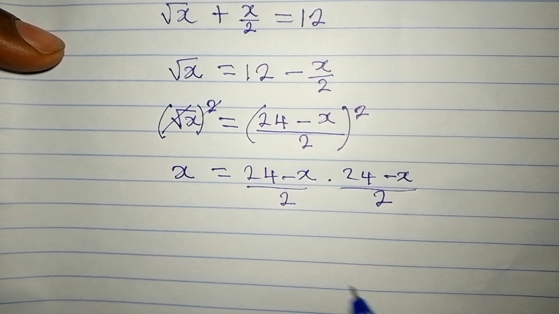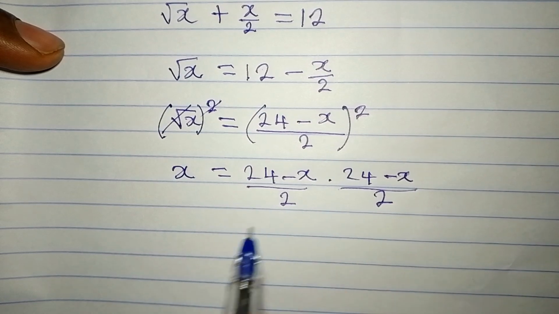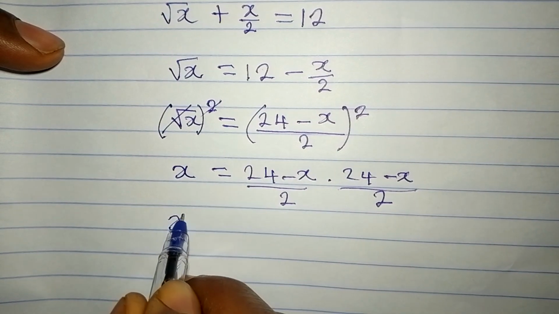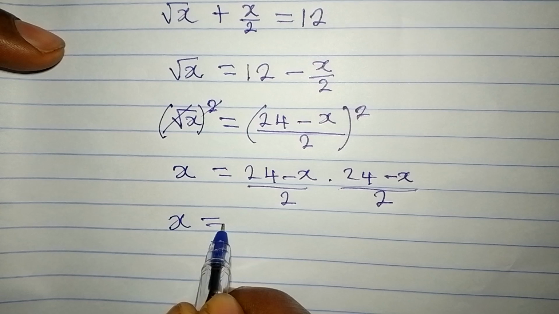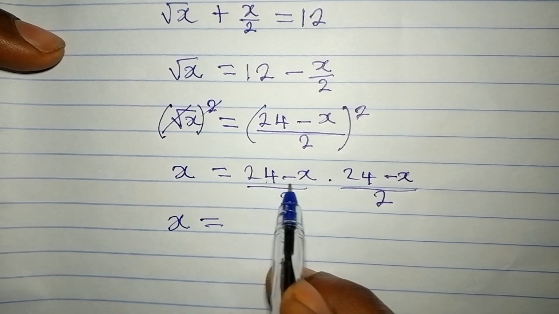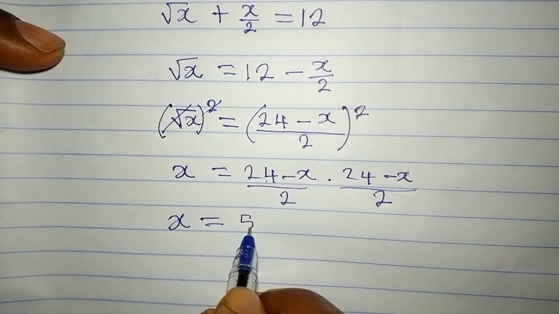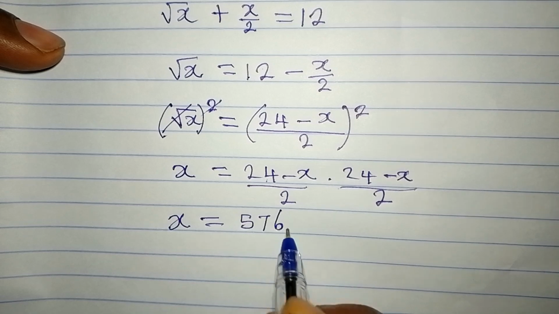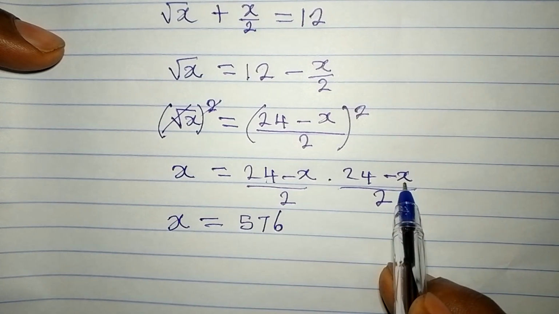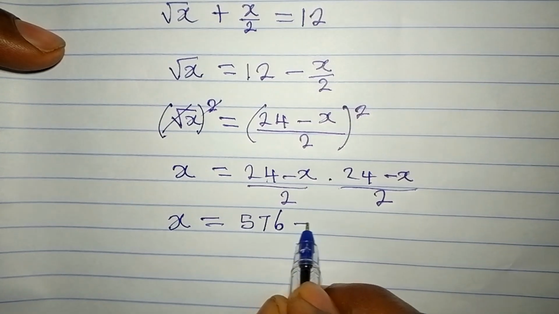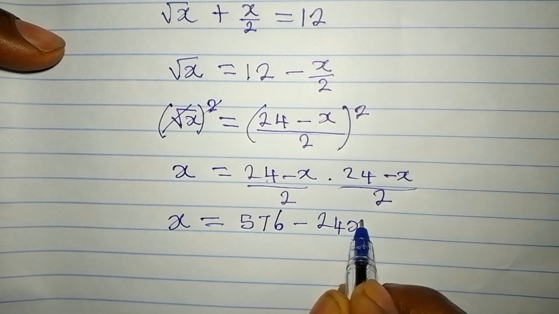So let's see how I'm going to multiply this. We have x here already, and it's equal to 24 multiplied by 24, it's 576. Then 24 multiplied by negative x will give us negative 24x.